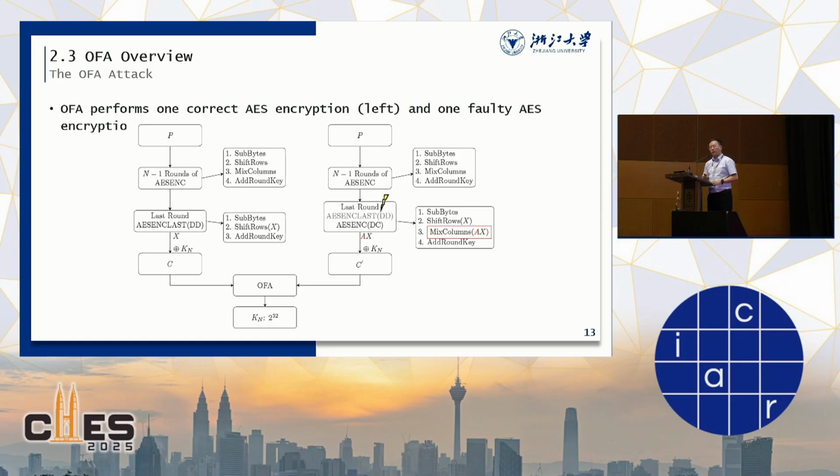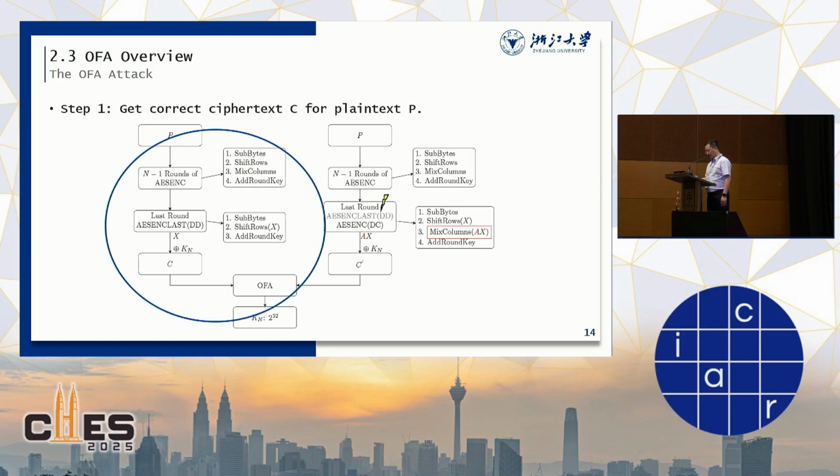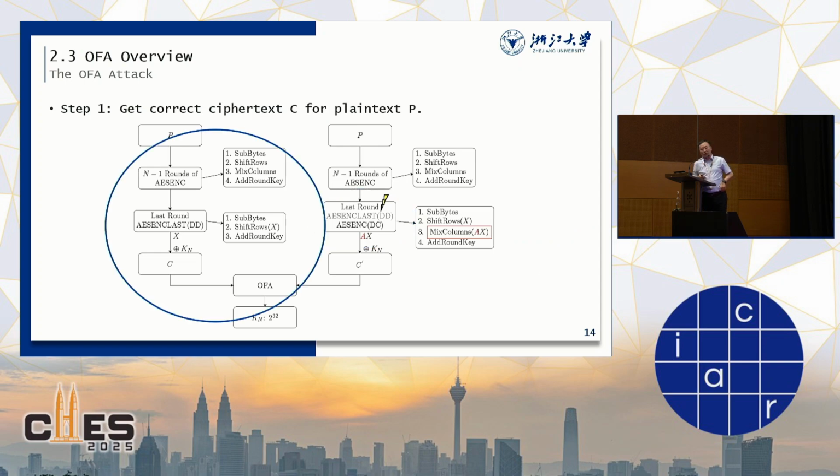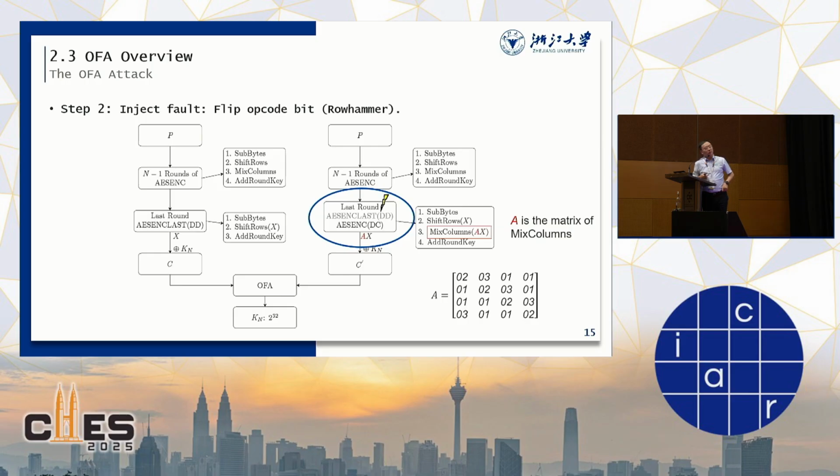On the right, there is an injection, where previously there was no MixColumns. So if you inject the fault, basically it equals a 10-round AES, and this happens to the last round. So this is the normal one, and this is the faulty one.